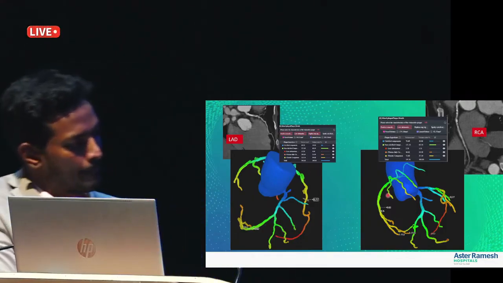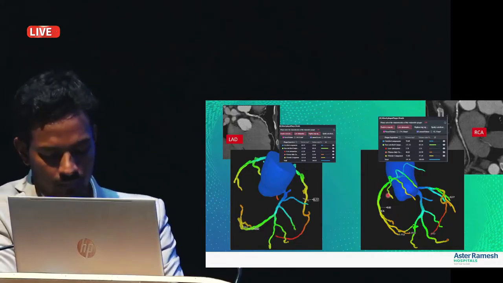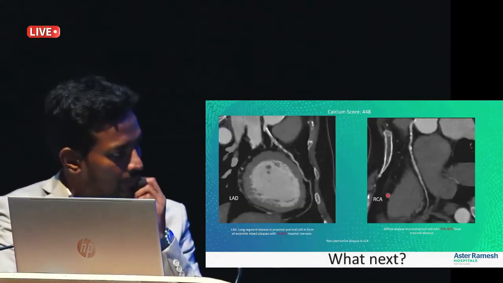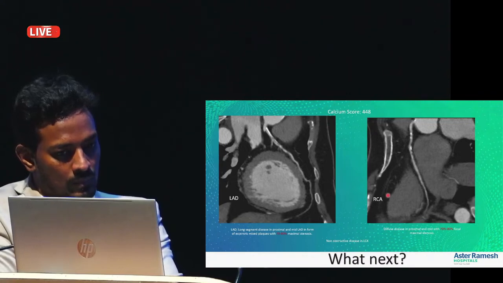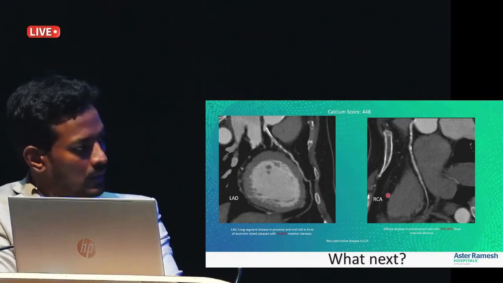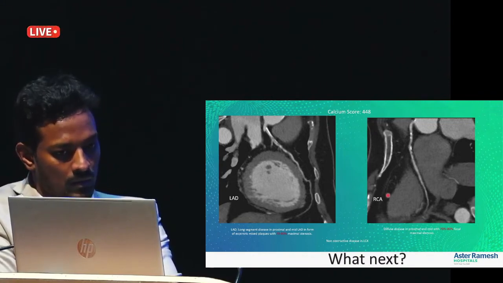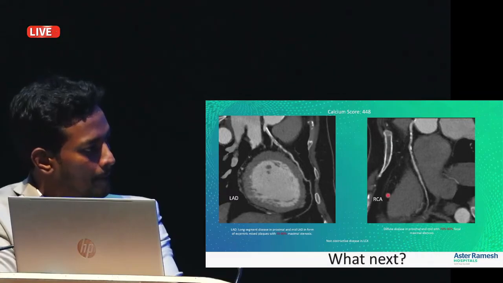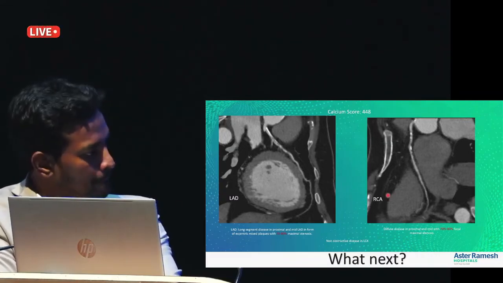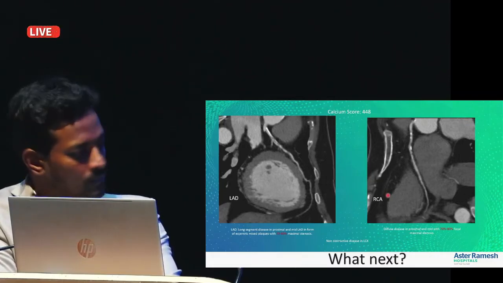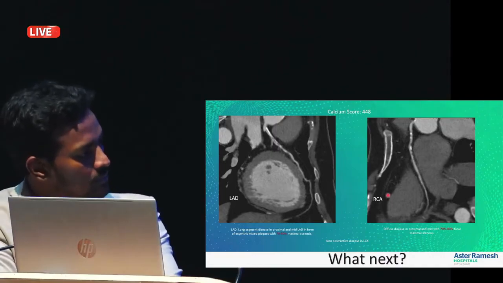Can you just go to the previous one? Yes, sir. Here, if you see, the calcification is there in the LAD, in the proximal and mid segments. This CT angiogram-wise, it looks moderate, and the tightest lesion in this frame is at the junction of the mid and distal LAD.